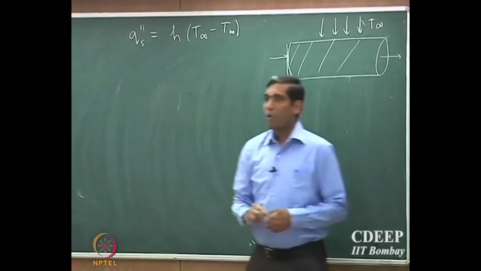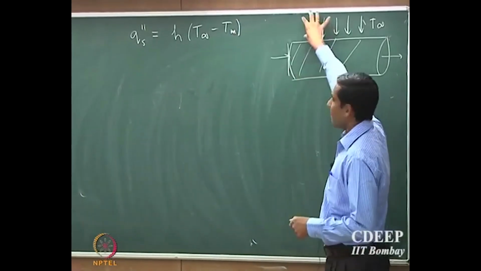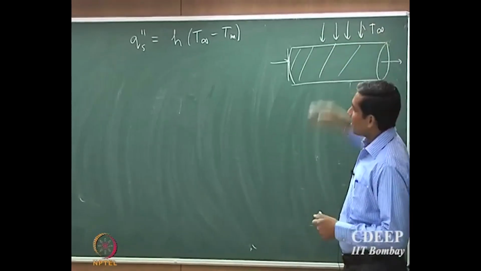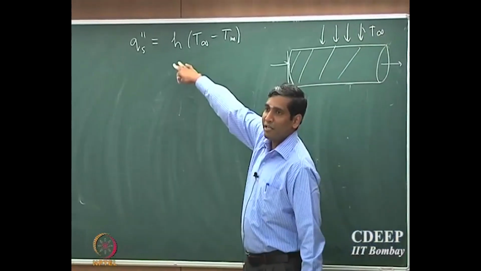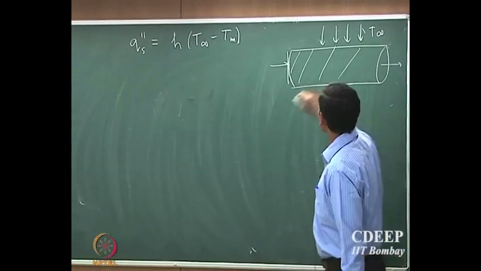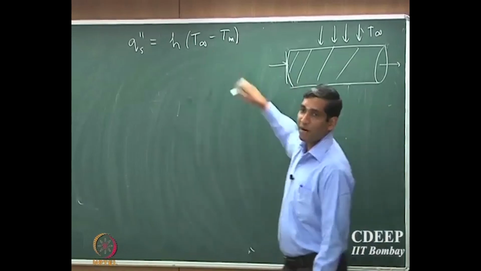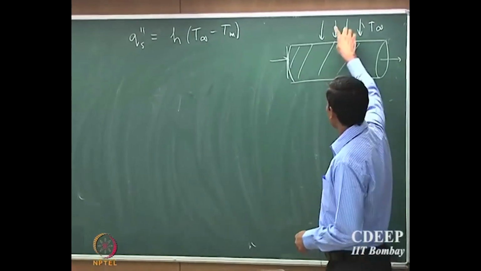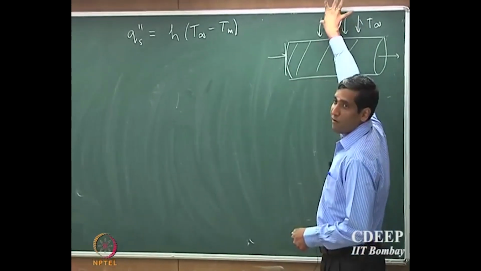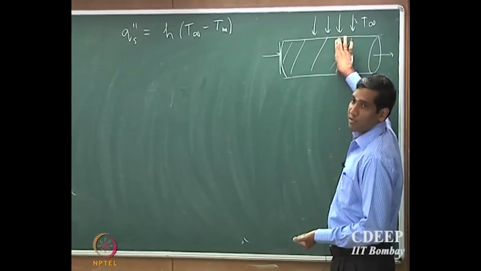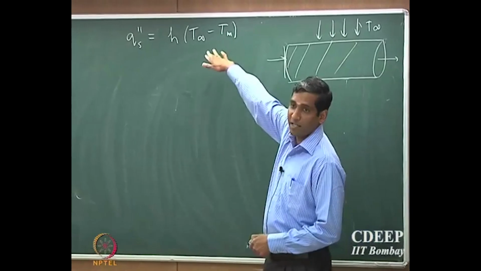What we know is only the temperature of the fluid which is flowing past this tube, and so we define the net flux of heat transport at any location as the heat transport coefficient multiplied by the temperature difference between the outside fluid and the mixing cup temperature at any cross section. That's a definition, by the way.